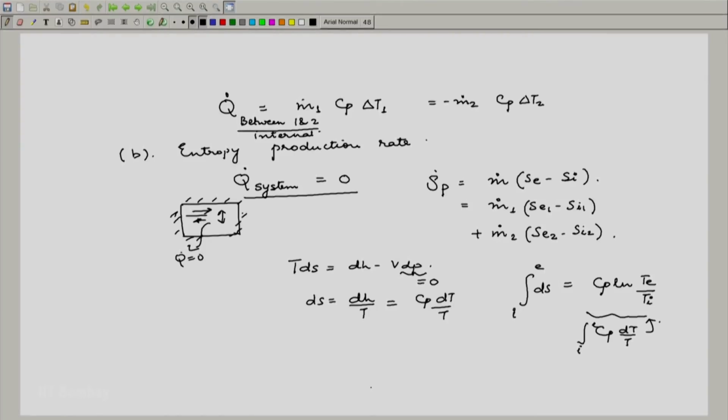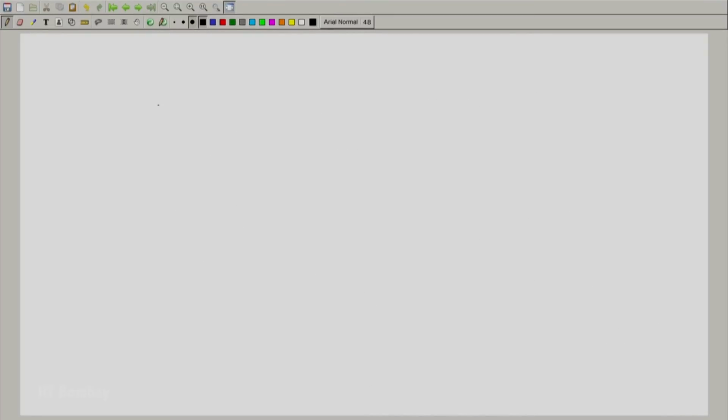And now you realize that in this case, the net S dot P would be m dot 1 Cp ln Te1 upon Ti1 plus m dot 2 Cp ln Te2 upon Ti2.